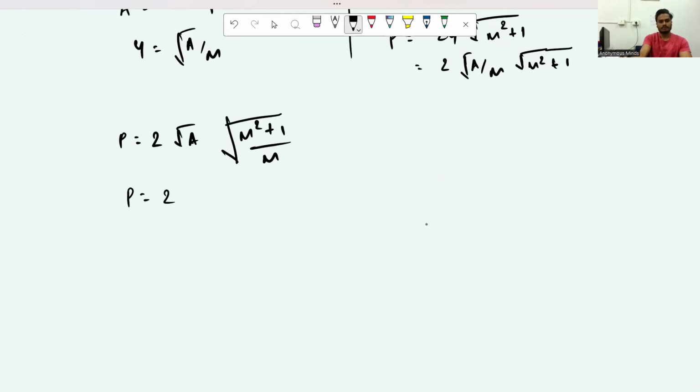P is equal to 2 under root A, m plus 1 by m.